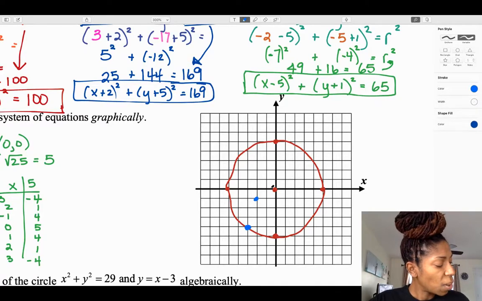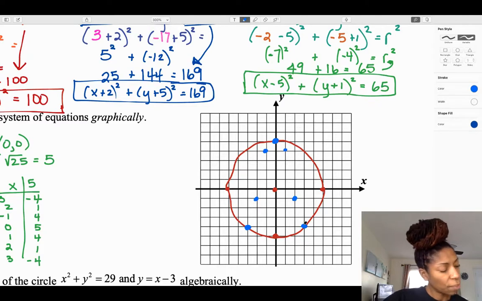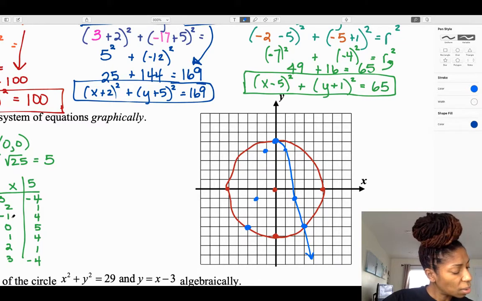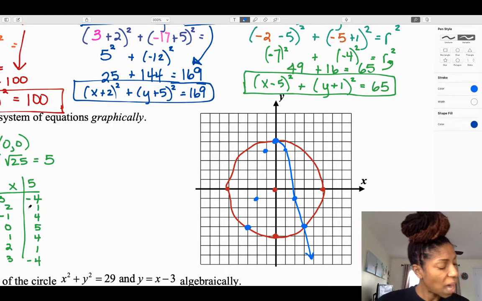Then (-1, 4). 1, 2, 3, 4. Once I did one side, I already know what the other side looks like because it's a pattern. And then we do the parabola. Something's wrong. (-1, 4), (-2, 1). This is wrong.